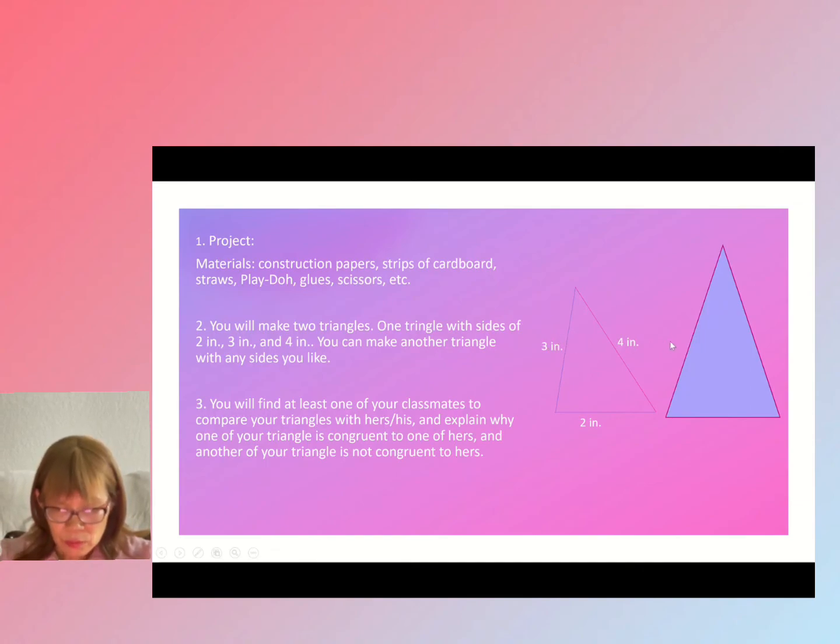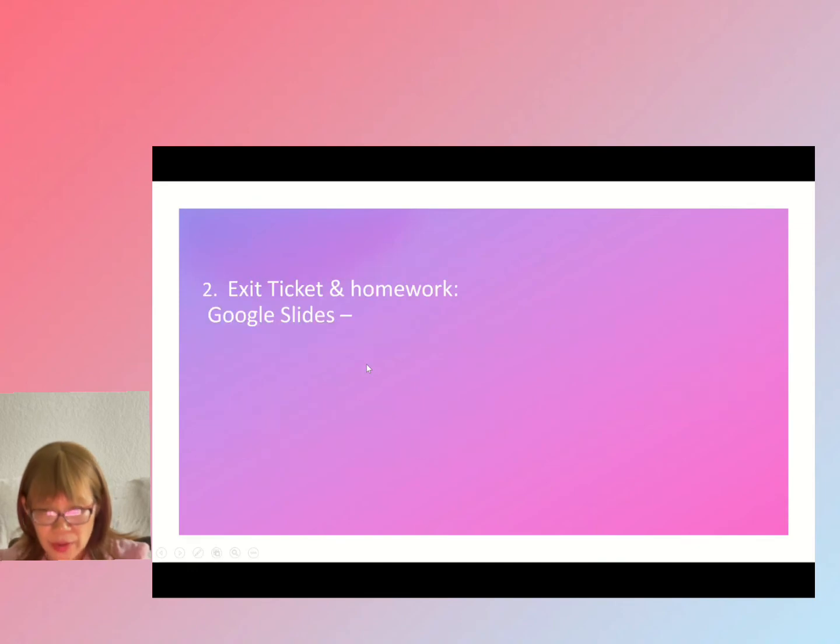One of the triangles should be congruent to one made by your friend, and if they are congruent, you explain why. For the other triangle, because you chose any sides, it may not be congruent to your friend's triangle, and you will explain why they are not congruent to each other.